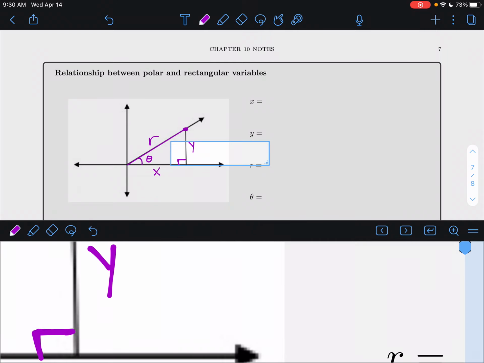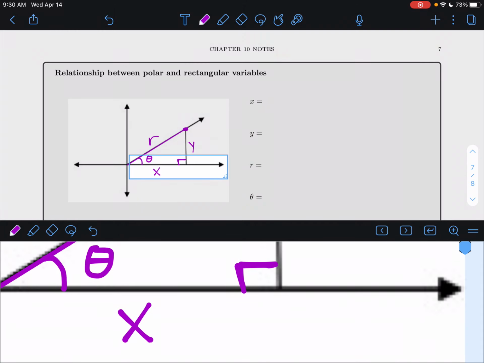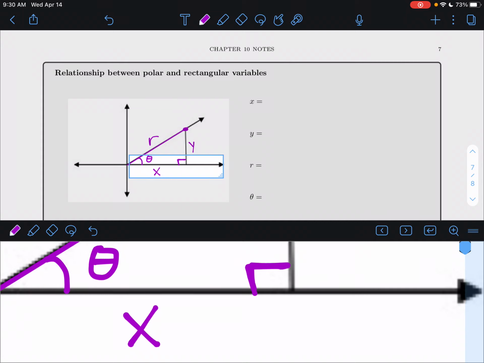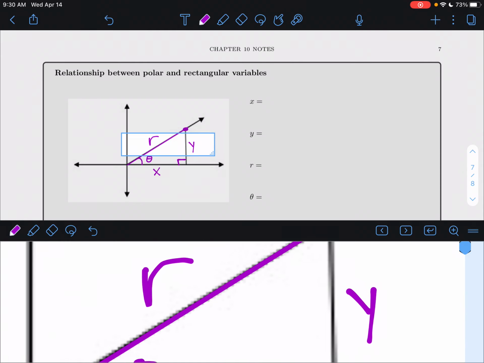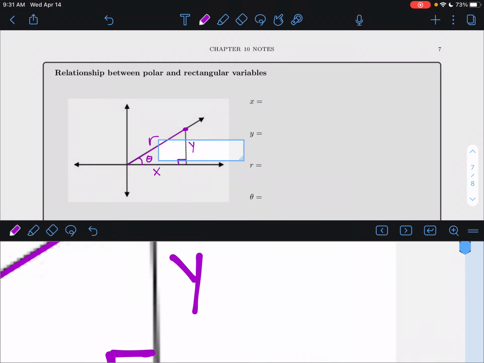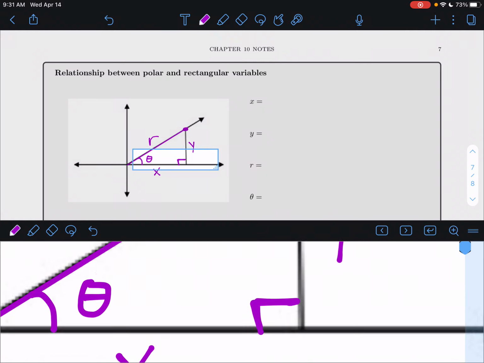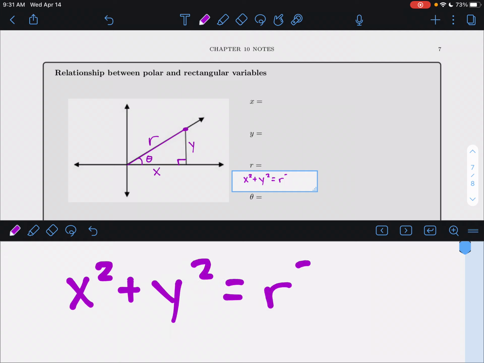So now if I want to look at the relationship between x, y, r, and theta, you guys might have looked at something similar to this in pre-calc when you did all your trig stuff, because we are getting into trig a little bit with this. So if I'm looking at r first, and I want that in terms of x and y, I don't want to use theta in my equation at all. So for r, in terms of rectangular coordinates, this is a right triangle, and r is the hypotenuse, so I'm able to say that x squared plus y squared equals r squared, because of the Pythagorean theorem.